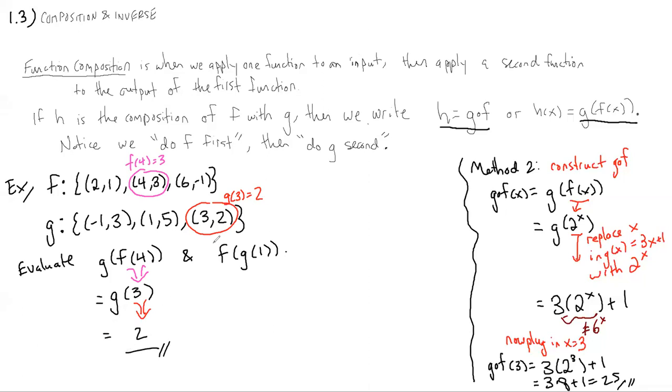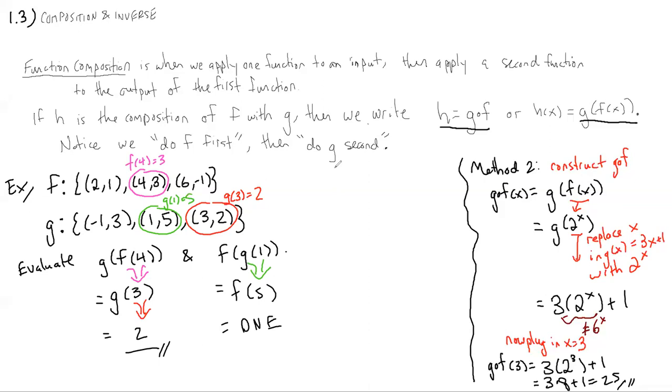All right, let's see what happens on the next one. I know that G of 1 is 5. So I'll plug that in. And then what you'll notice is I don't have an F of 5. There is no F of 5.